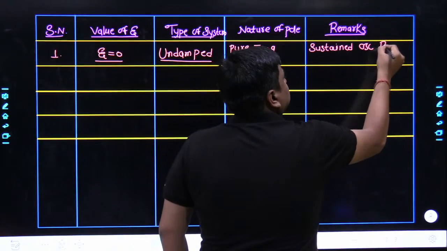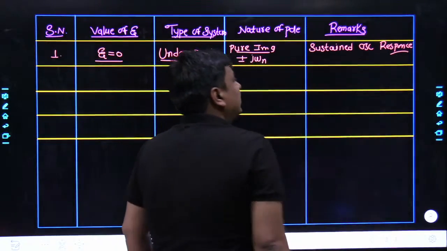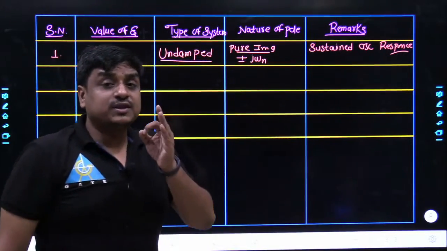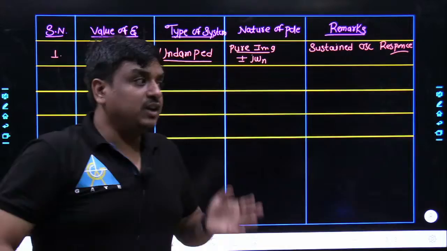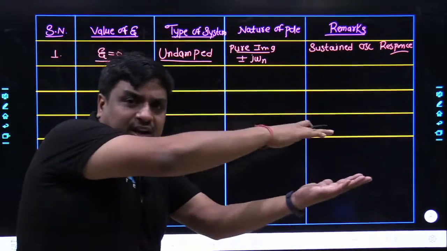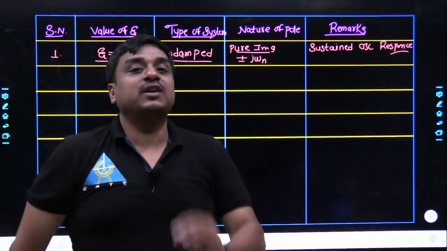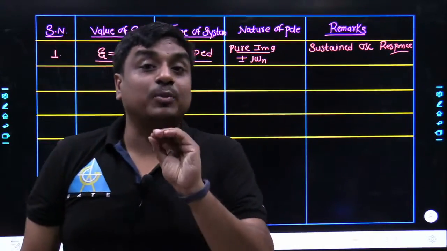What does it mean by sustained oscillatory response, which we have already communicated? Response with constant magnitude as well as frequency. As time goes on, the magnitude would neither increase nor decrease, and similarly the time period would neither increase nor decrease. That means the frequency as well as the magnitude is going to be constant.